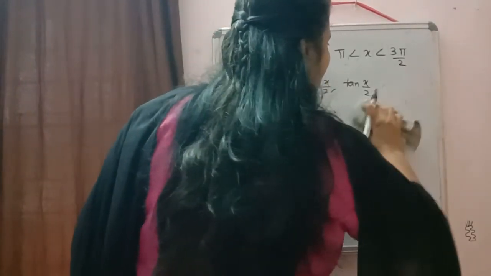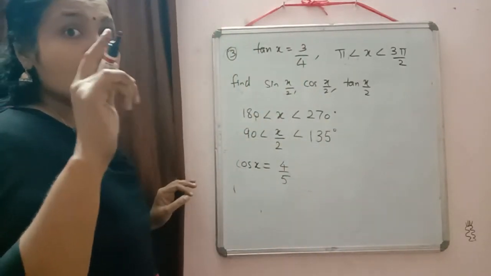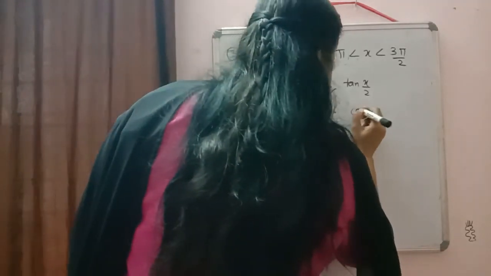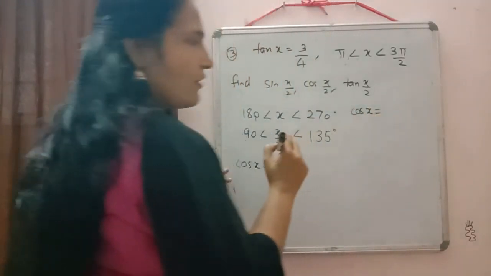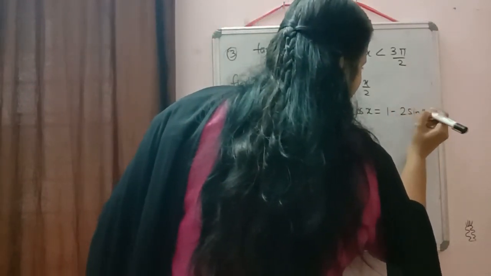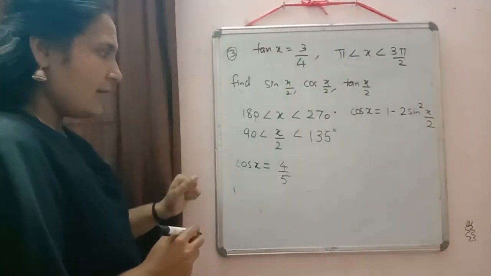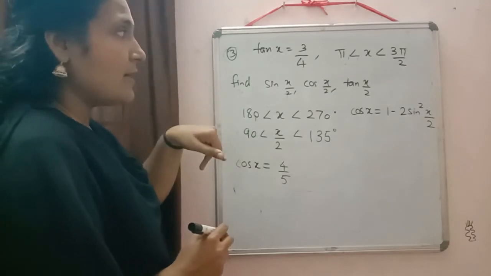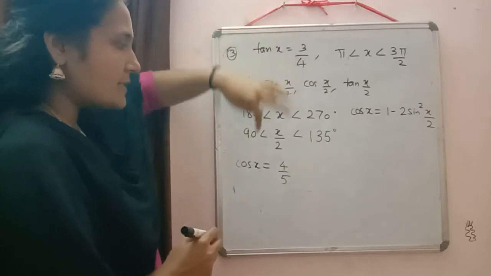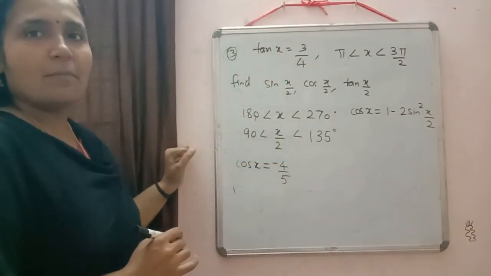Now we will check how we will find out these angles. So we know the formula of cos 2 theta. That formula we are going to use here. With that formula, how can we rewrite cos x? Cos x can be written as 1 minus 2 sin square x by 2. Correct? And cos x, it is in which quadrant? X is in third quadrant, and in third quadrant cos is negative. So what we will write here? Minus 4 by 5.